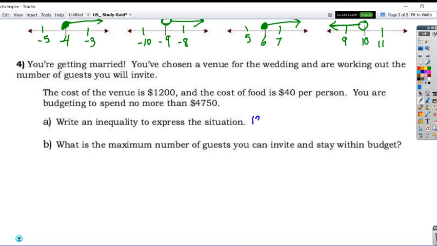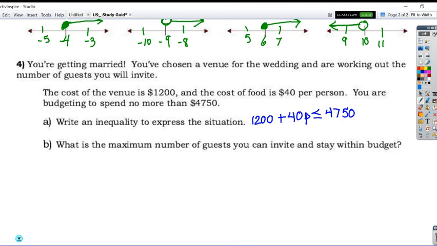So, my inequality is going to take the cost of the space, $1,200, plus the $40 per person. So, my 40 times the number of people that I invite must be less than or equal to $4,750 so that I stay within budget because I can't spend more than that.